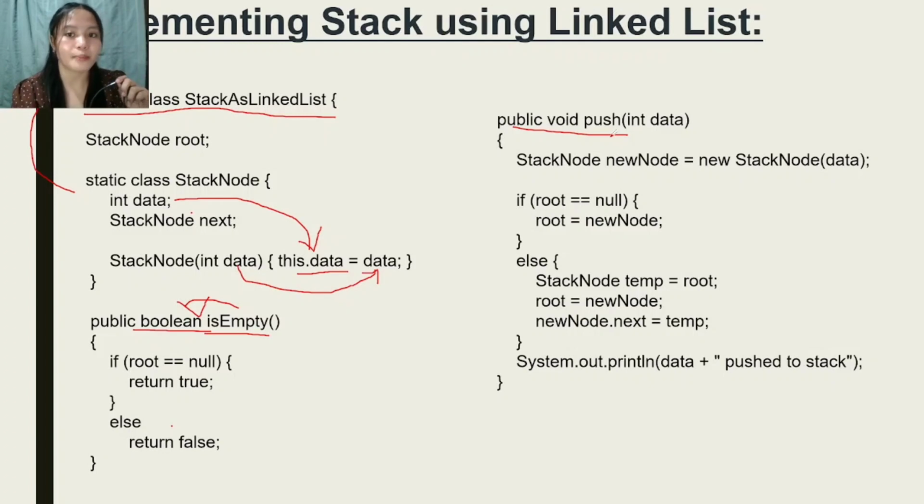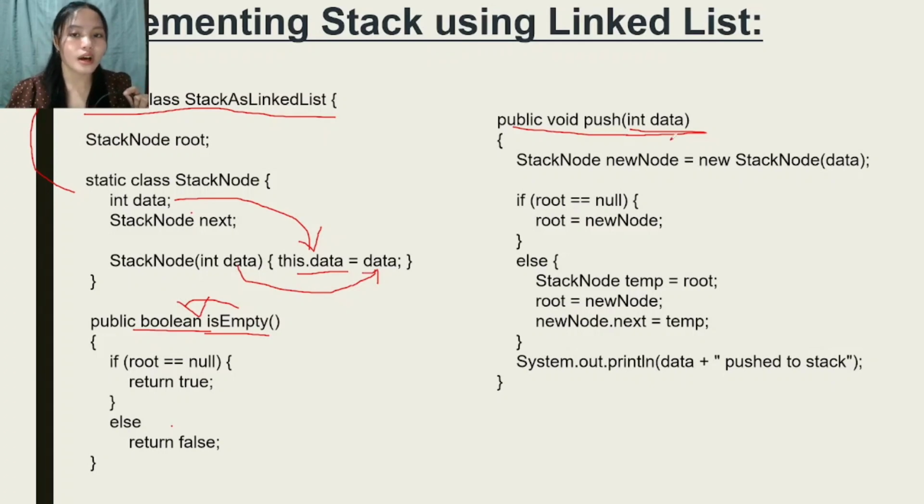It has a parameter, data, meaning this data will accept a value, and that value will be pushed to our stack. It is of void type, and its access modifier is also public, so that we'll be able to use it in all classes.